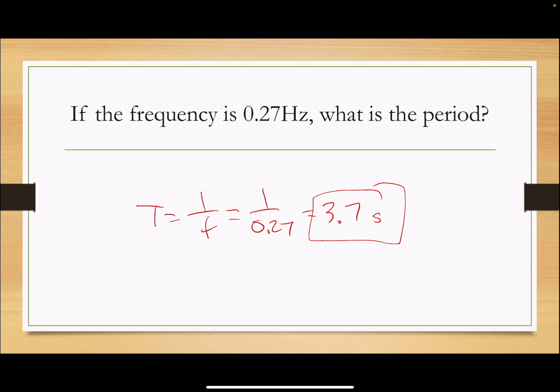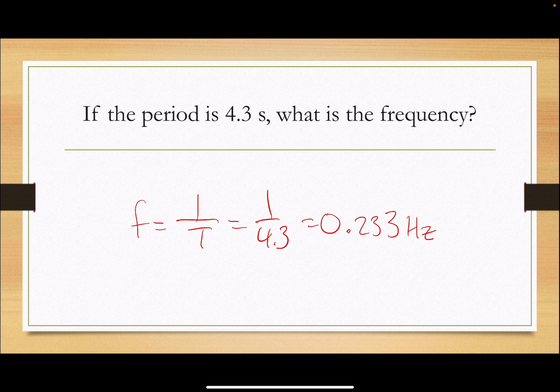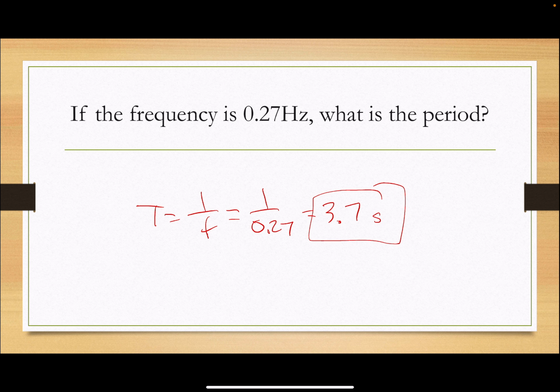And so what this one meant is that, hold on, I'm sorry. I'm blanking. So period is that 3.7, it takes 3.7 seconds for one oscillation to occur, okay?